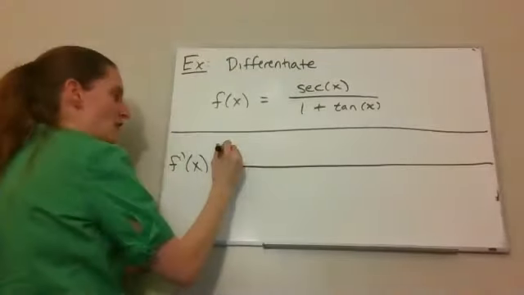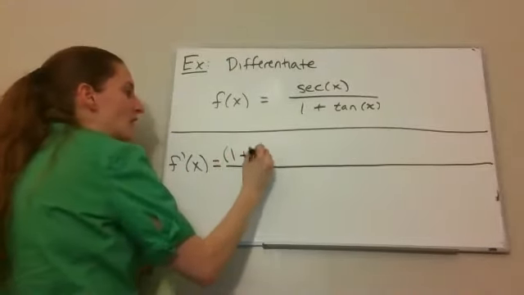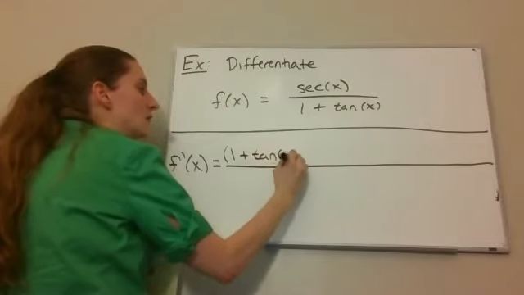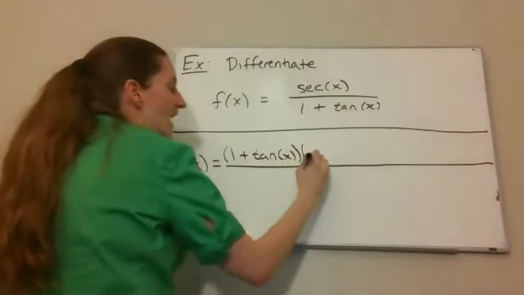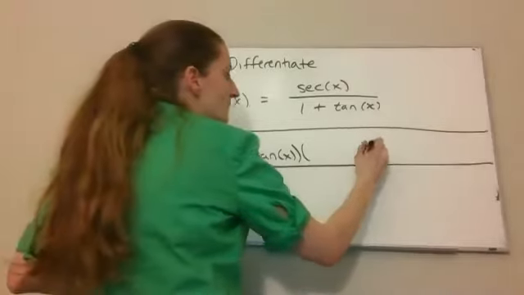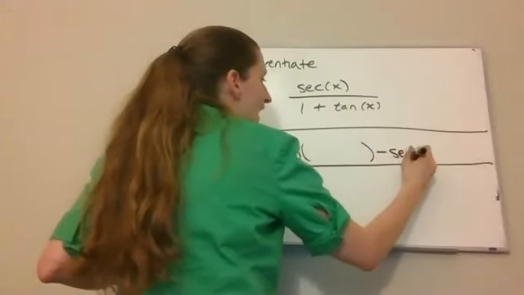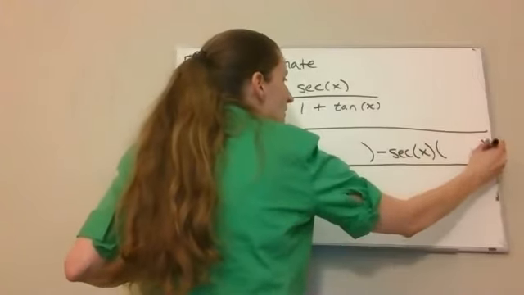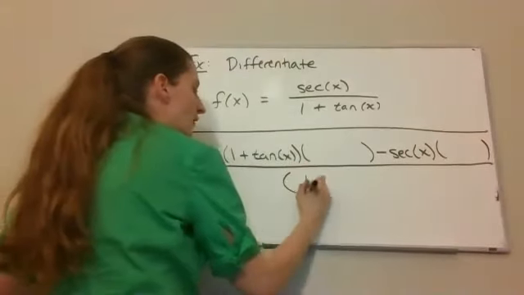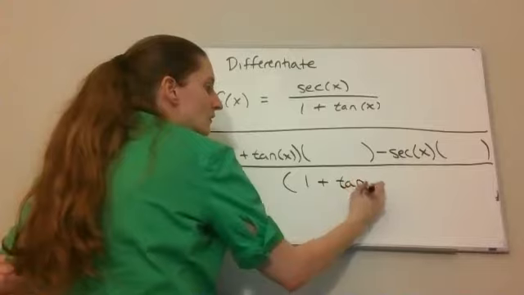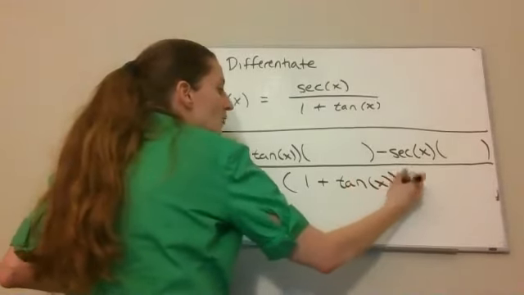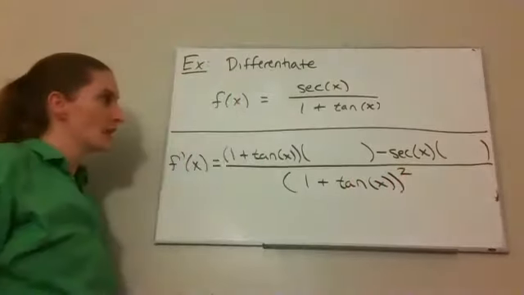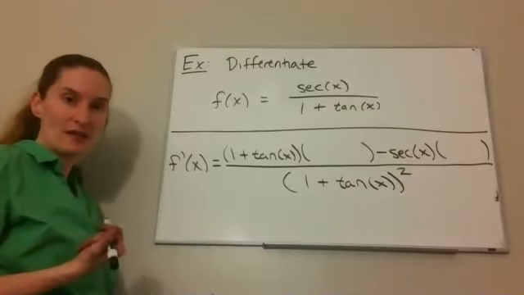So we have the derivative is low d high minus high d low, square the bottom, and away we go. Okay, let's fill in the missing pieces.